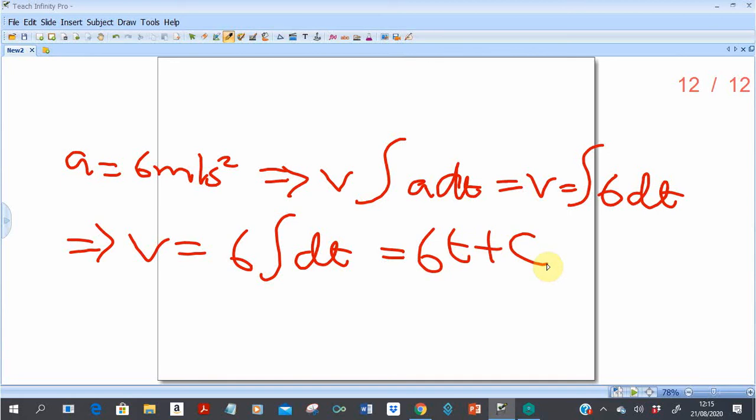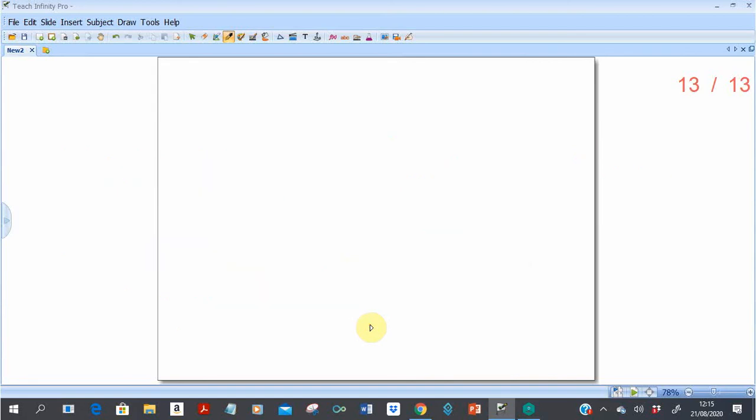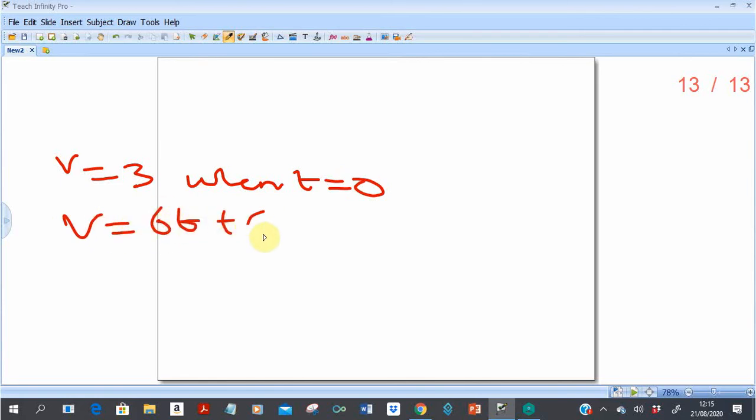Okay. Now we're given the condition that velocity is 3 when t is 0. So we can say velocity is equal to 6t plus c, but we can use that condition to find the value of c. Velocity is 3 when t is 0. We know that v is equal to 6t plus c.